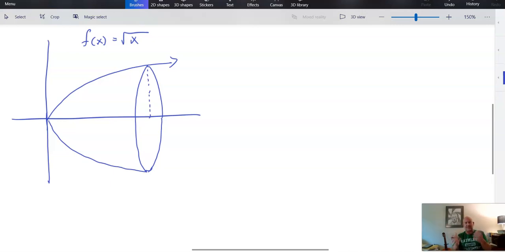So we have this cup shape, right? And we can go inside this and take a look at it and all that stuff. But we do have to have a place to start and a place to stop, right?